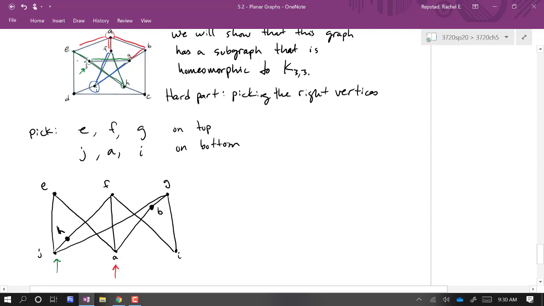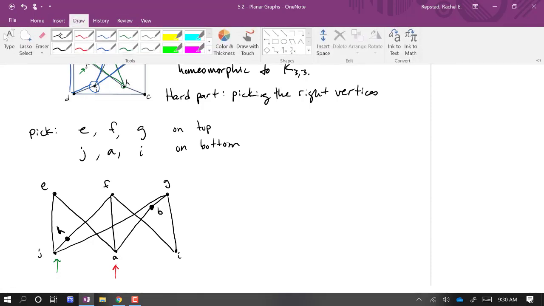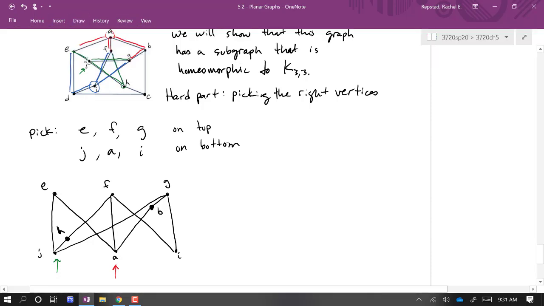And then how do I get from I to E? I can get from I to E if I go through vertex D. I'm going to draw the pair of edges from E to D and then from D to F. Okay, now you might look at this. So we're done drawing this subgraph.